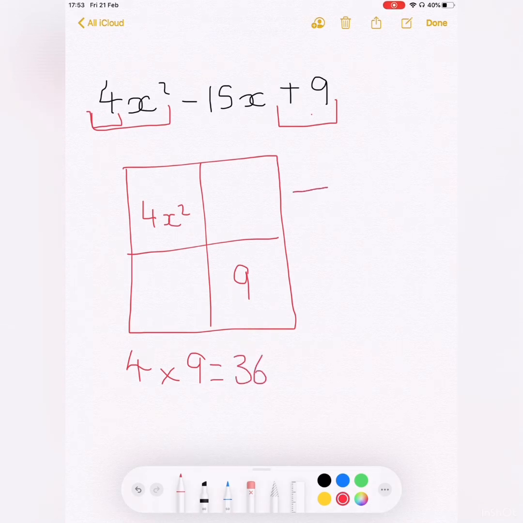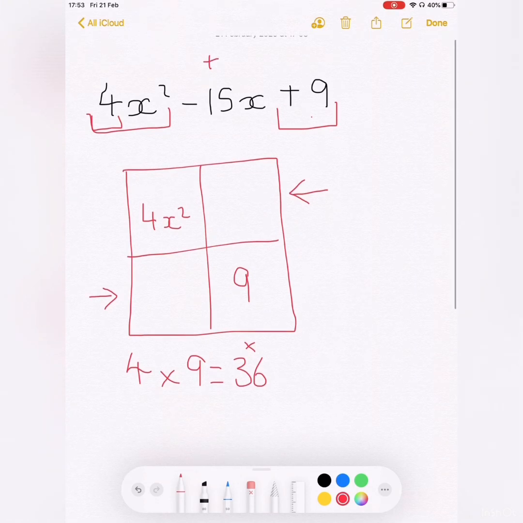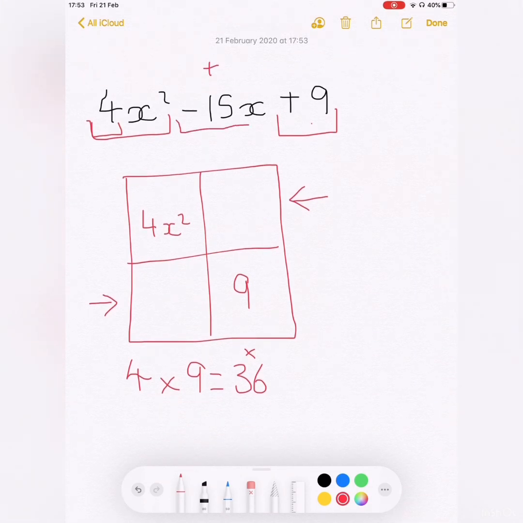Therefore, we know that this box and this box have to times to get 36 and add to get minus 15. So again, we know they're both going to be minus numbers, and hopefully we can see that they're going to be minus 3x and minus 12x. Now, it doesn't matter which way round you put these numbers.